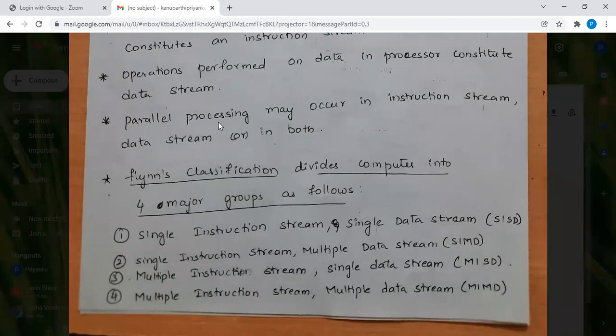In a basic level, try to understand what a single instruction stream and a single data stream is in a general purpose. Here the instructions are executed sequentially. Parallel processing is achieved by means of multiple functional units or by pipeline process.